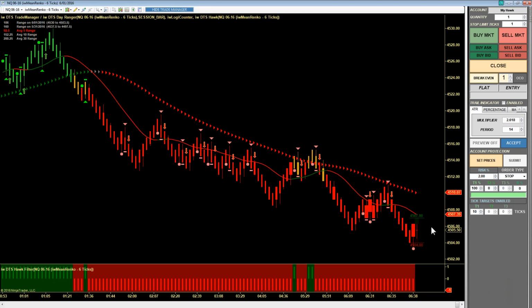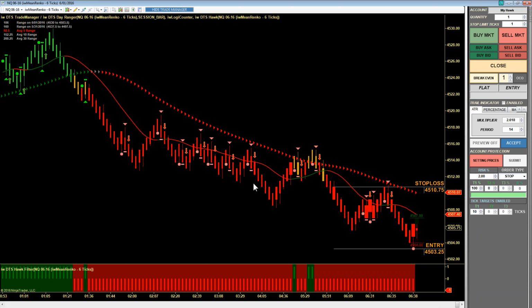We don't have a signal yet, but you can see we're getting a warning dot. This isn't one of our high probability signals. I'll show you in a moment what our high probability signals look like. But what we do is we set our prices, and so you can do everything right on the chart.